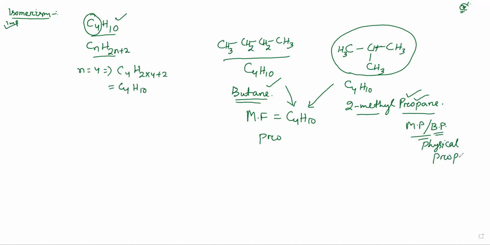So by varying the structural pattern of the same molecular formula, we can get different molecules, and those are different in terms of physical, chemical as well as structural properties.